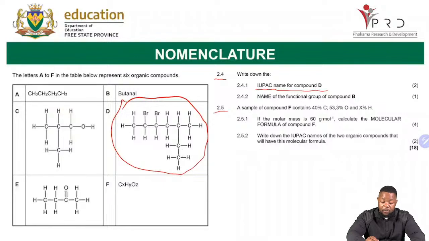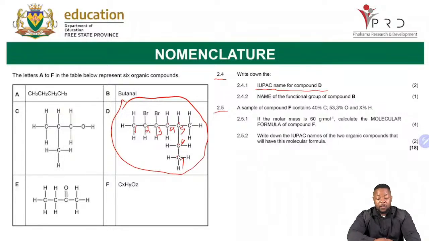If I count the number of carbons here, there will be 1, 2, 3, 4. That is not the longest. 1, 2, 3, 4, 5, 6, 7. So my longest chain has 7 carbons. Now, I want to number these carbons so that the branches come closest. So as I number the carbons so that the branches come closest, this will be my first carbon, the second carbon, third carbon, fourth, fifth, sixth, and 7th carbon.